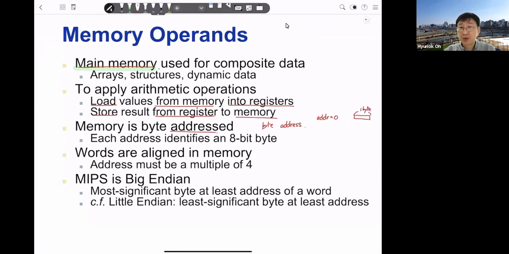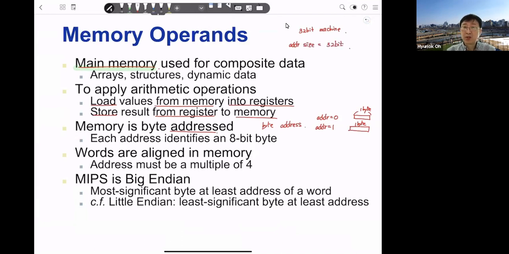If the address is 1, then it returns another byte. So for each byte, one index, one address is attached. Currently we are using a 32-bit machine, right? That means the address size is also 32-bit.